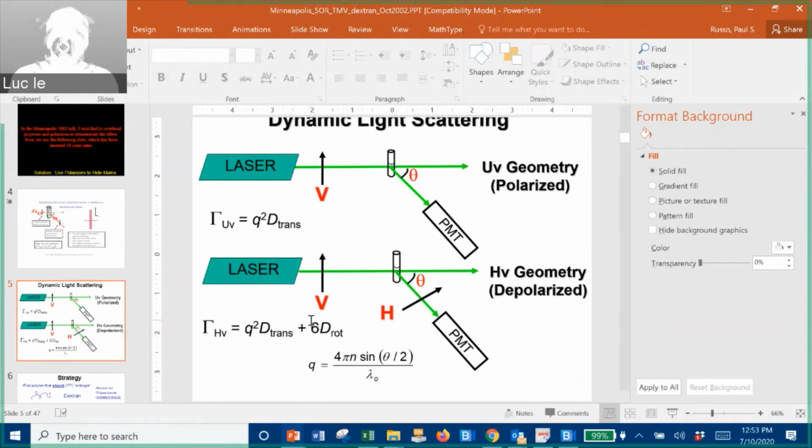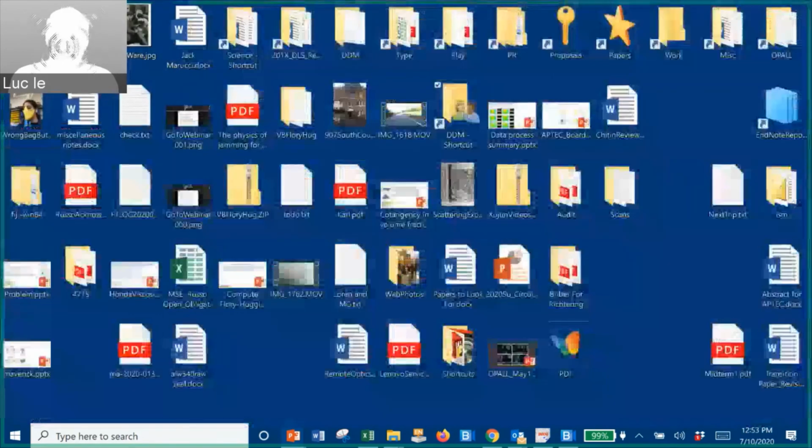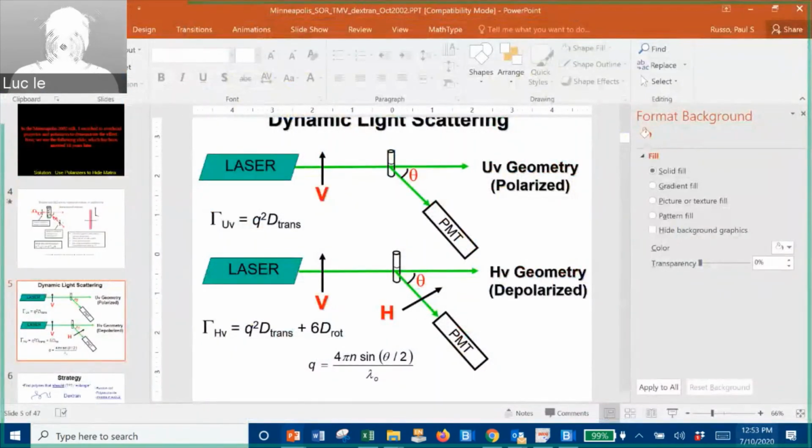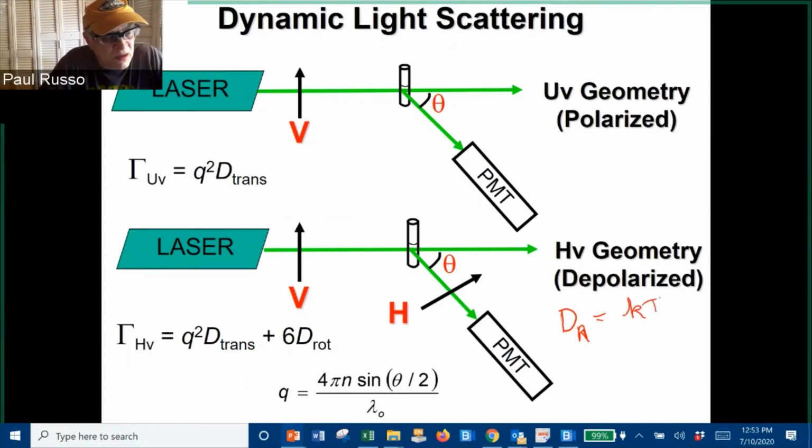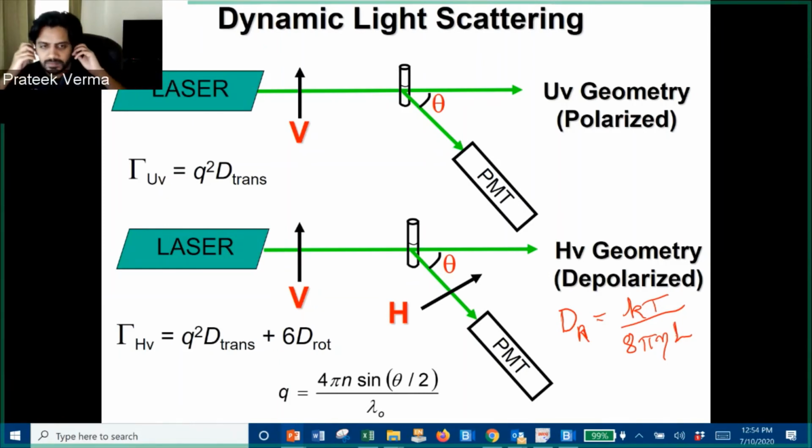It turns out that D_R is kT over 8 pi, viscosity of solution, length. Actually it should be radius; for a round particle, it's radius cubed.